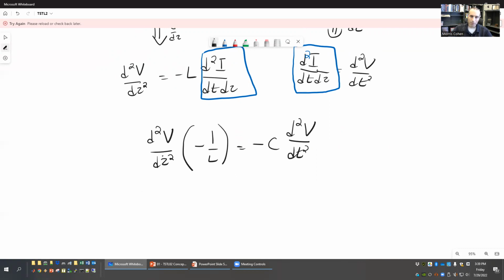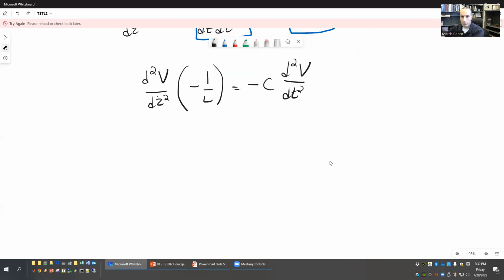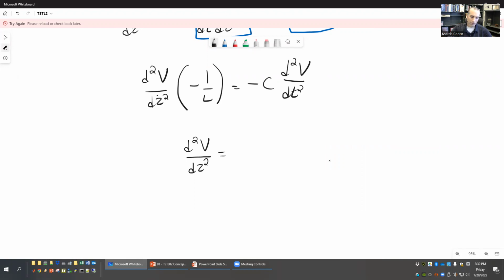Right? We can make a little tweak to that. Let's just bring the L over to the other side, and let me do this on a separate line. So the second derivative of voltage with respect to distance is equal to L times C times the second derivative of voltage with respect to time.